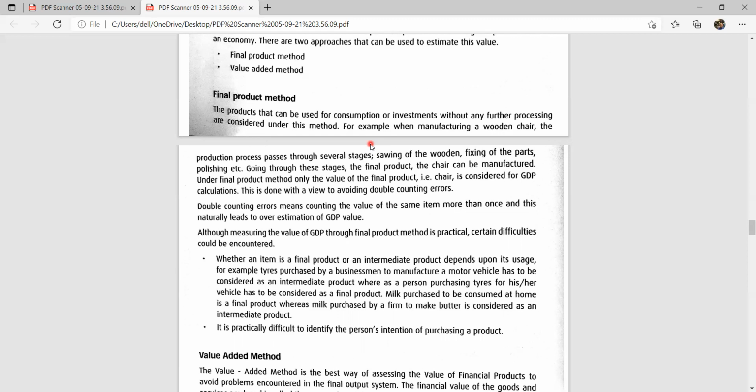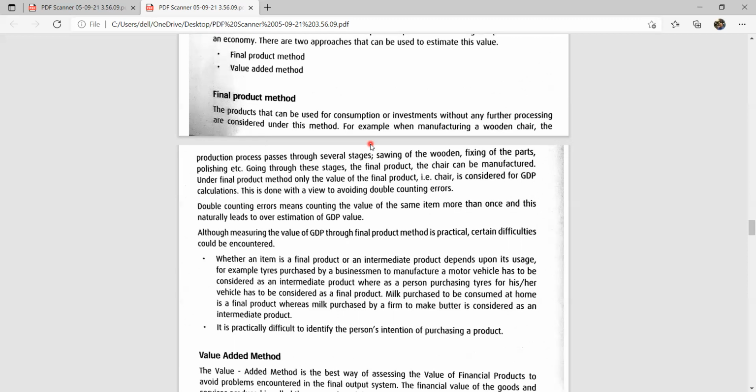Let's say the sugar industry. Sugar is a final product. Coloring company, color is a final product of that company. As well as wheat flour, the final output of a farmer. But these were ingredients of the cake manufacturer.